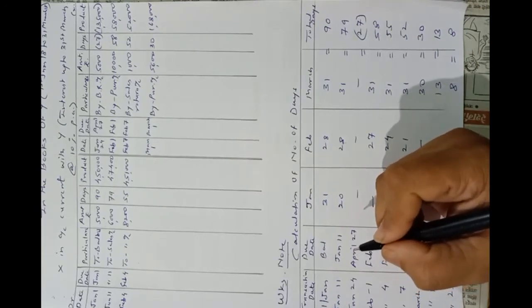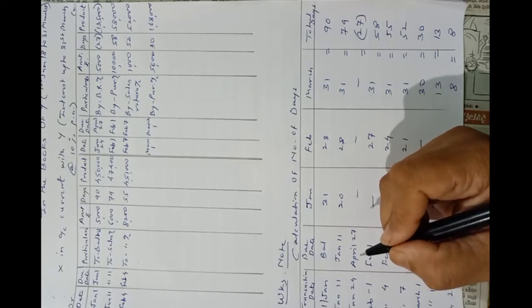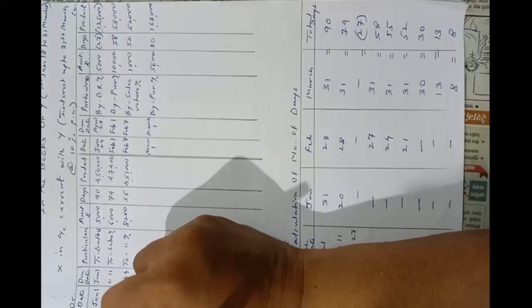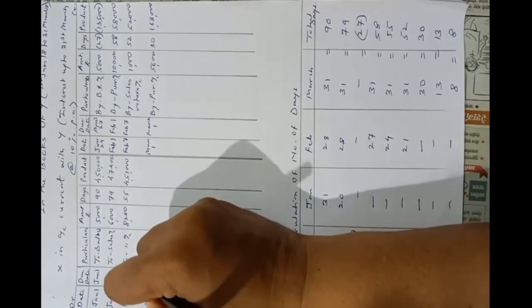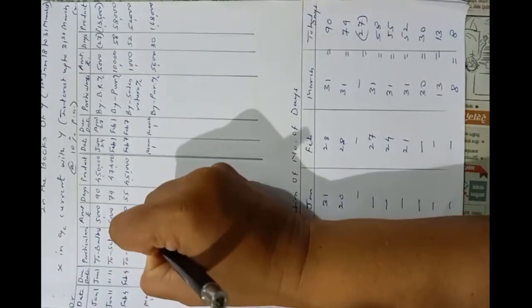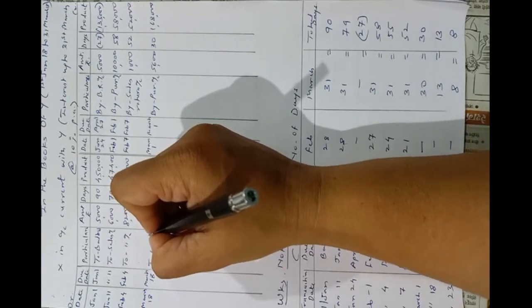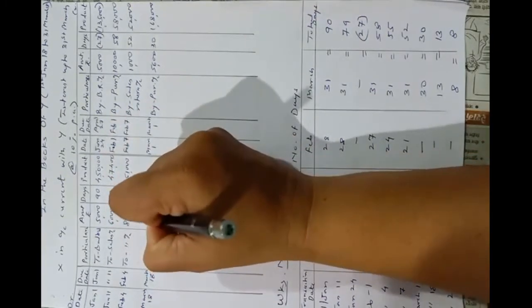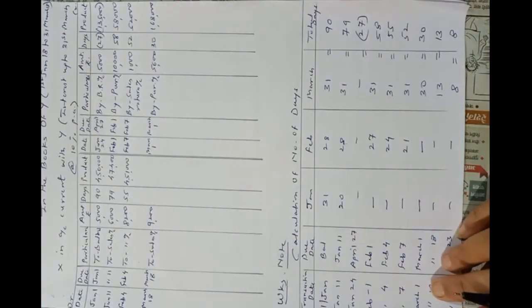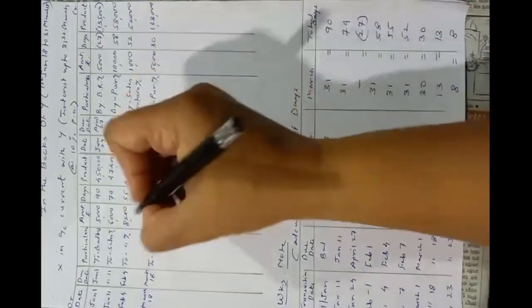Next entry now, March 18, Y sold goods to X, rupees 9,200. So March 18 here, to sales account, amount is 9,200 and on 18th March, days 13.